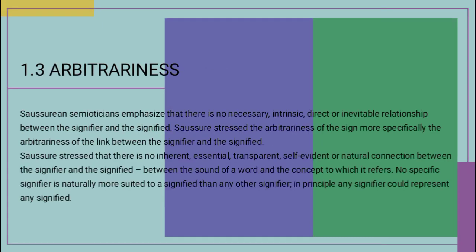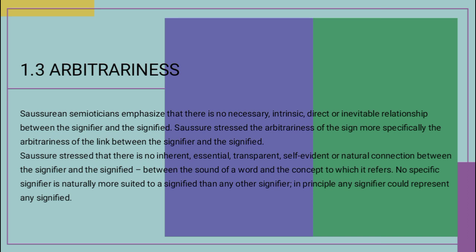Next, about arbitrariness. Saussure, the semiotician, emphasized that there is no necessary, intrinsic, direct, or inevitable relationship between the signifier and the signified. Saussure stressed the arbitrariness of the sign, more specifically, the arbitrariness of the link between the signifier and the signified.